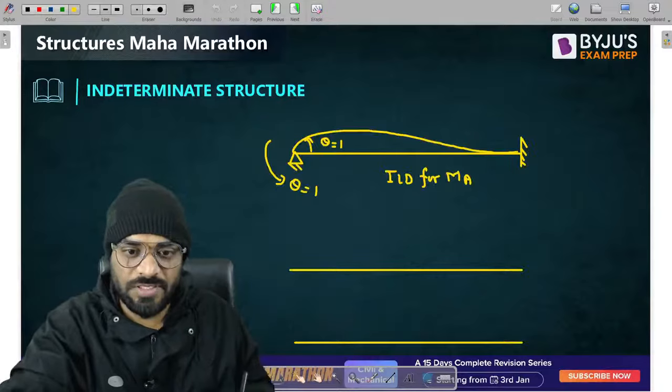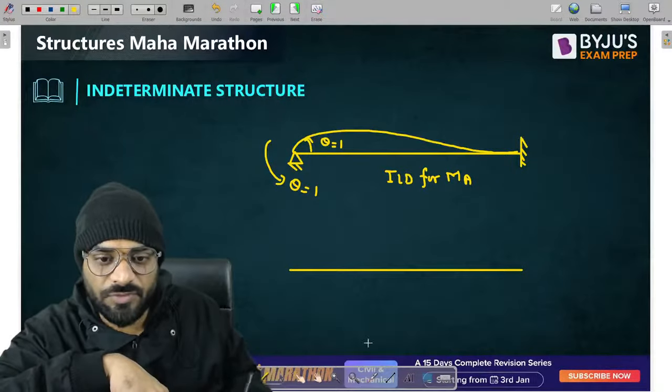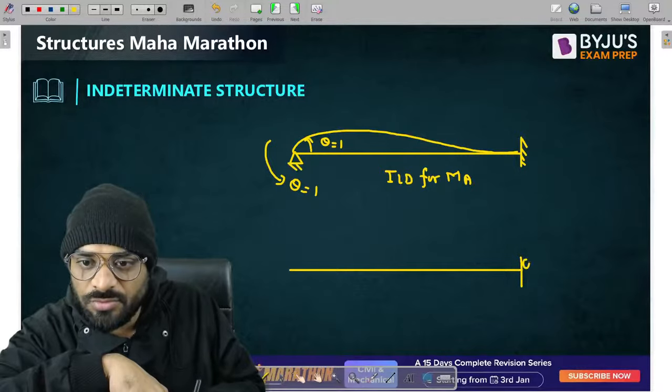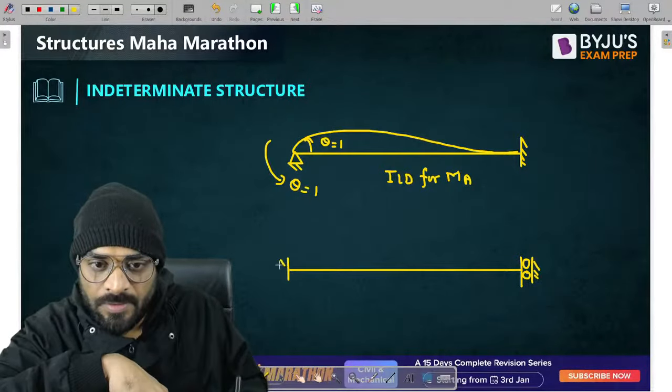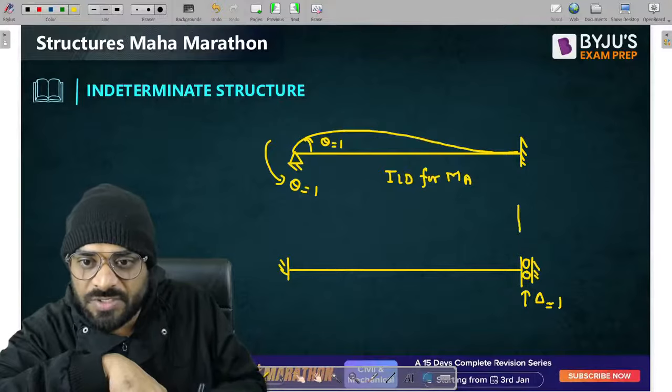In the same way, you will get the ILD for MB and VB also. Let's draw the ILD for VB first. For VB, again, we have to release the reaction, then apply delta is equal to 1. The deflected shape of the structure will give us the ILD.